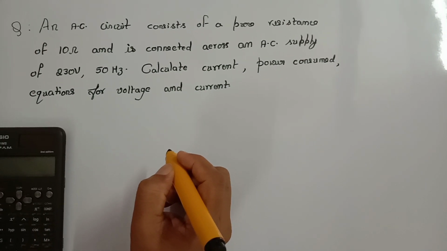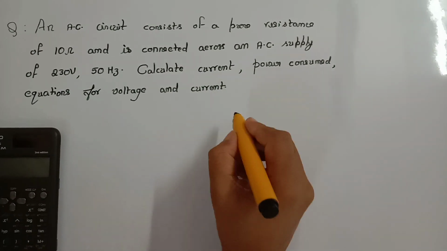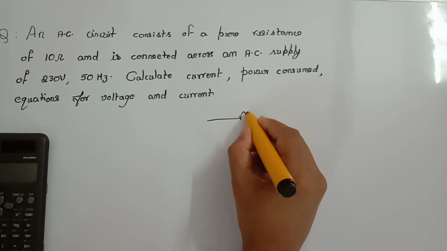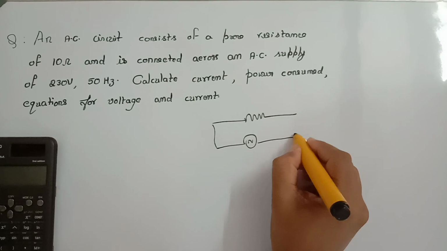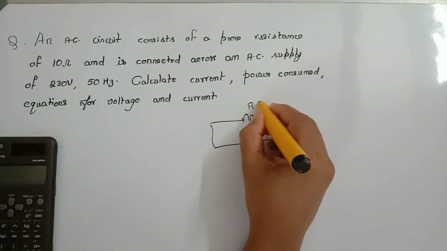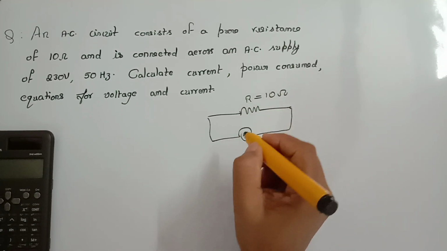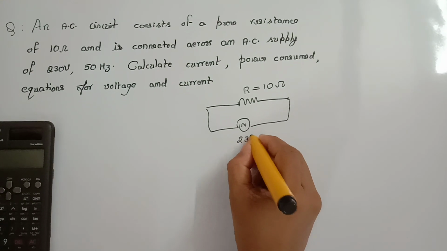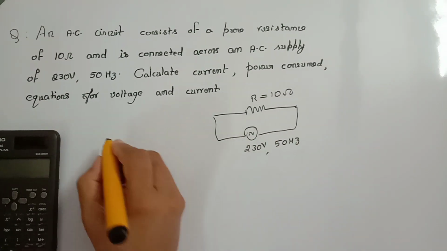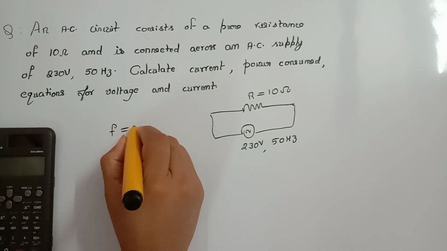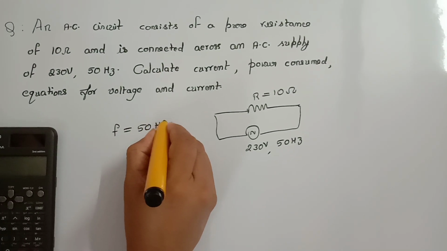So first we'll write down the given parameters. It's a pure resistive circuit which is connected across an AC supply. The R value here is 10 ohm. This is connected across 230 volt 50 Hz supply. So f value is 50.